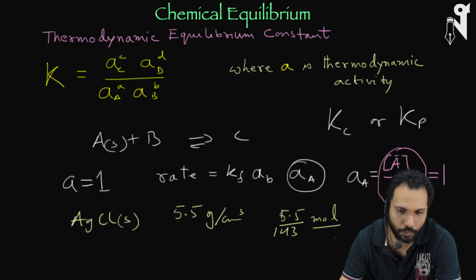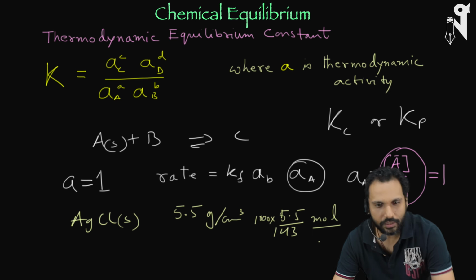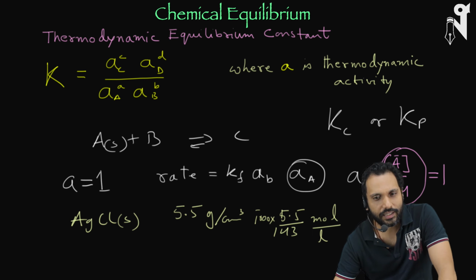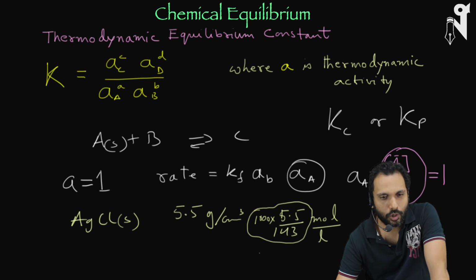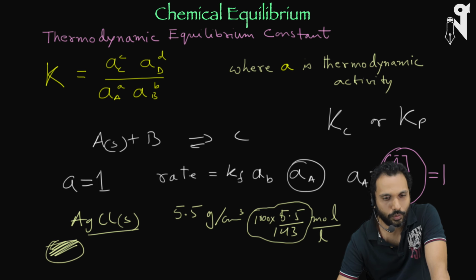If I have to have it per liter, I'll just multiply by 1000 on top. So many moles per liter. So this is the concentration of AgCl solid. I'm just doing the math over here. The sense of what we are doing also doesn't make any sense. I'm just showing the math.